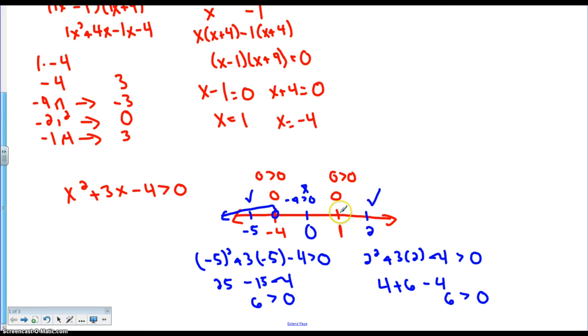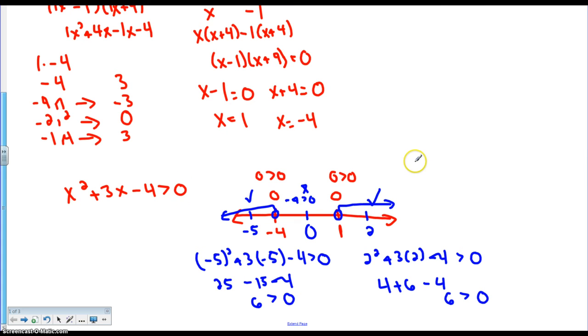So that means anything on this side of 1 is a solution, so anything going this way is a solution. The reason why I put open circles there is because I can go to -4.01, and that will make this equation true. I can go to 1.01111 and plug it into this inequality, and that will make it true.